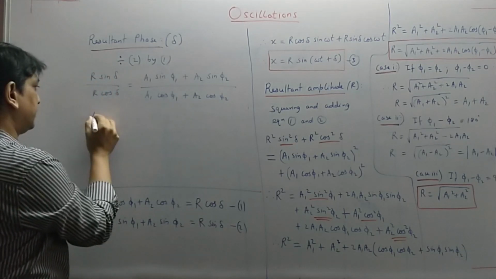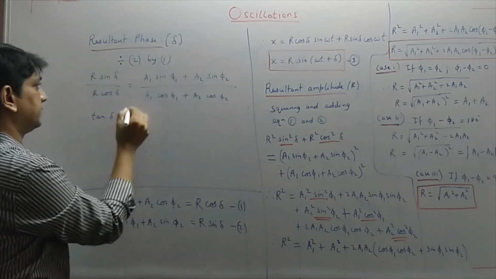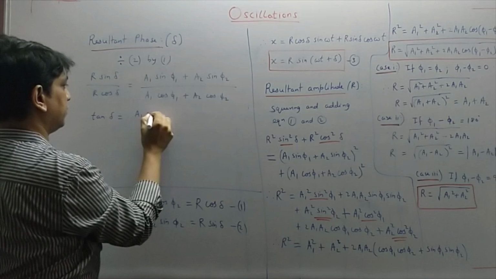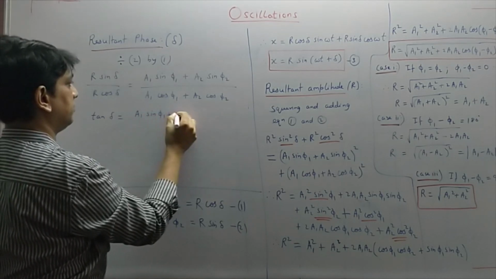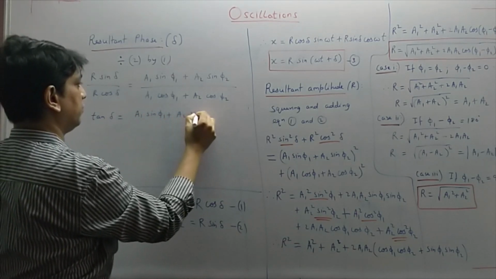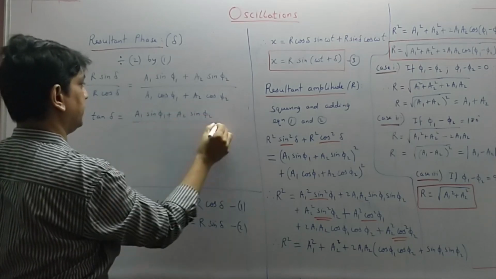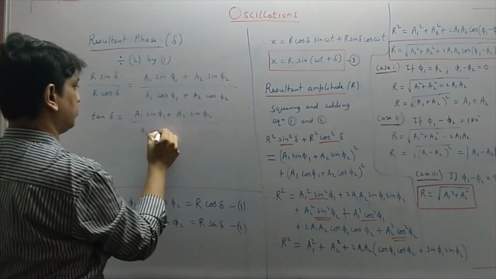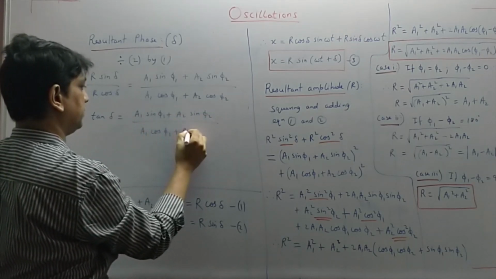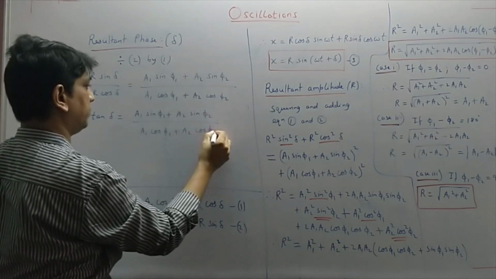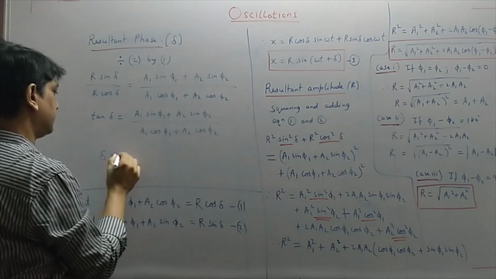R and R get cut, and we get tan delta equal to A1 sin phi 1 plus A2 sin phi 2 divided by A1 cos phi 1 plus A2 cos phi 2, and hence delta is tan inverse.